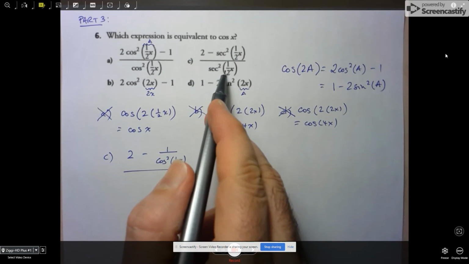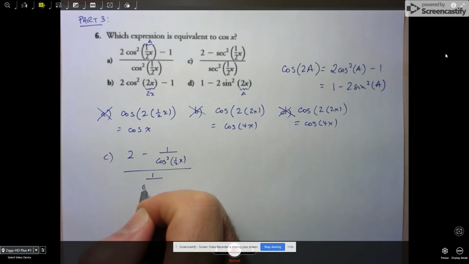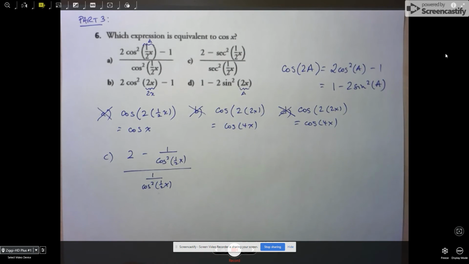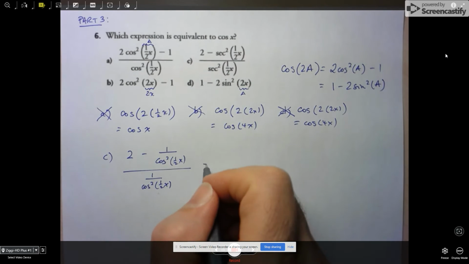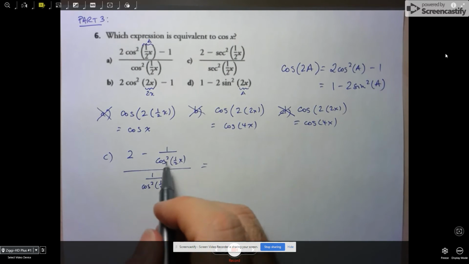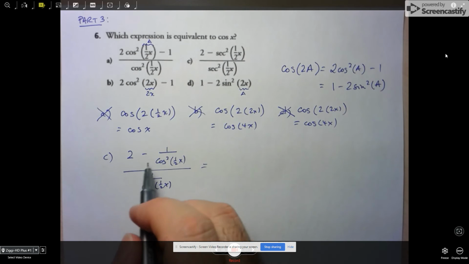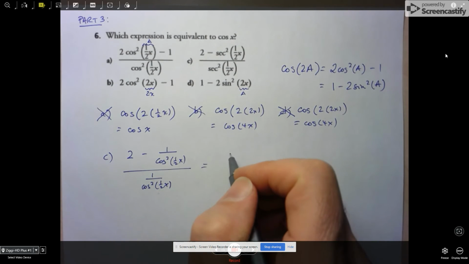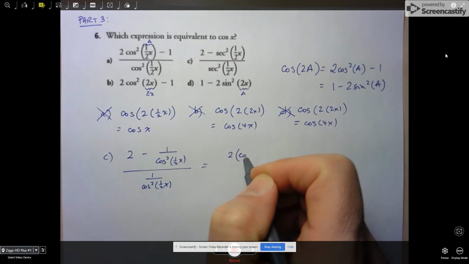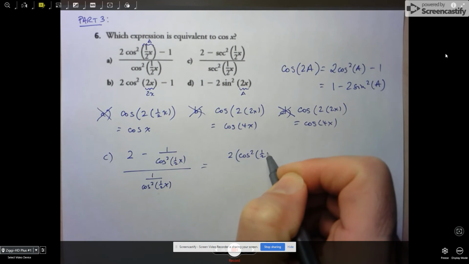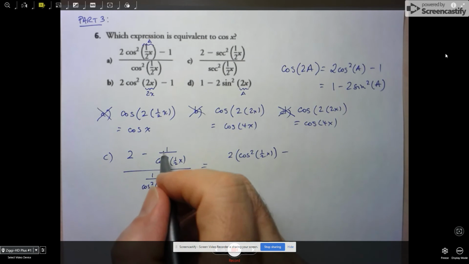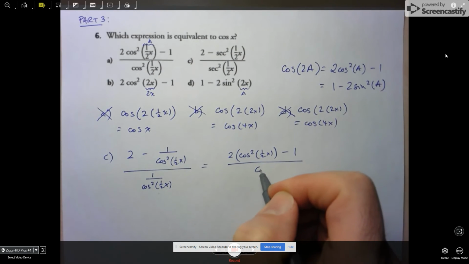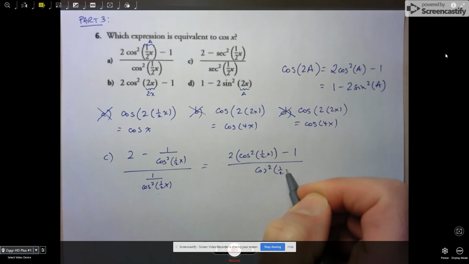I'll do the same thing in the denominator, turn this into 1 over cos squared of 1/2 x. Let's work completely in terms of cosine. As we often do, we want to turn this into a single fraction. So I'll use a common denominator, which is going to be cos squared 1/2 x. So I'm going to have to multiply the 2 times cos squared 1/2 x, minus 1. I already have that denominator in the second one, all over cos squared 1/2 x.